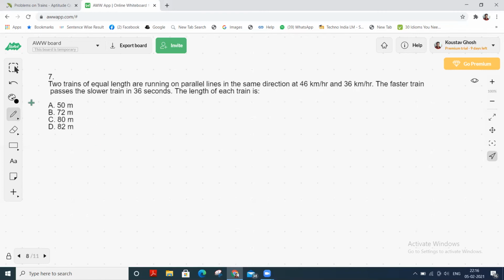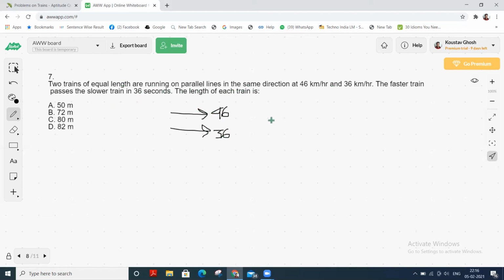Now the next question. Read this. Two trains of equal length are running on parallel lines in the same direction at 46 km per hour and 36 km per hour. The faster train passes the slower train in 36 seconds.